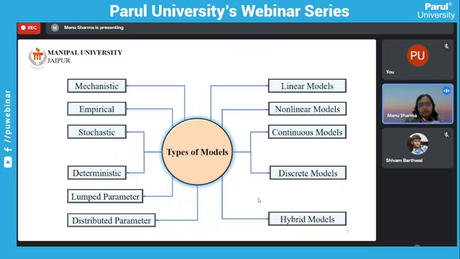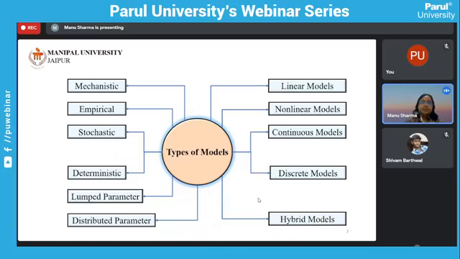An empirical model is applicable for certain conditions. We have some experimental data generated under a certain set of conditions, and using that data we can generate a mathematical model which is applicable within that particular range only. That model is known as the empirical model.